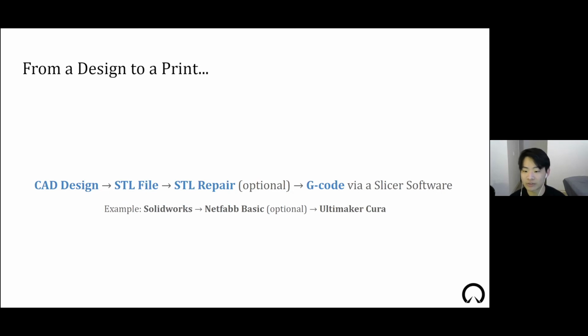STL repair is there to prevent your final print from having those holes and gaps. However, it's pretty unnecessary if you're just using extrusions and whatnot to make your model. And finally, within a slicer software, this STL file is converted to G code, which we'll discuss more about later.